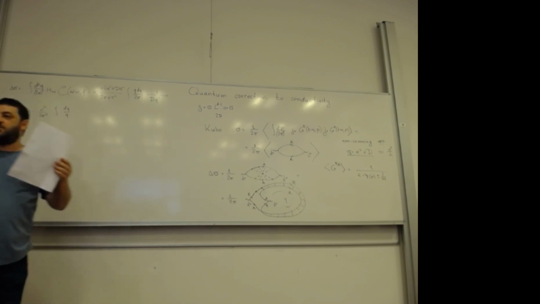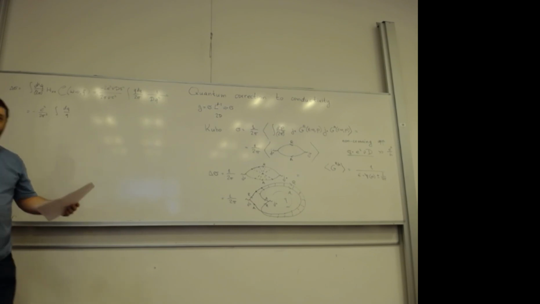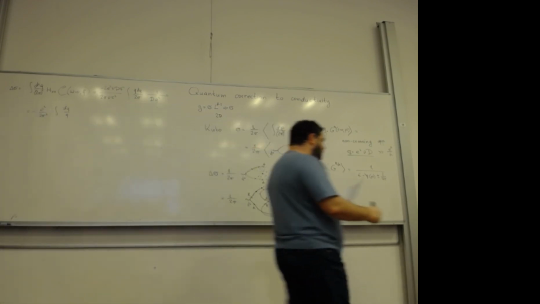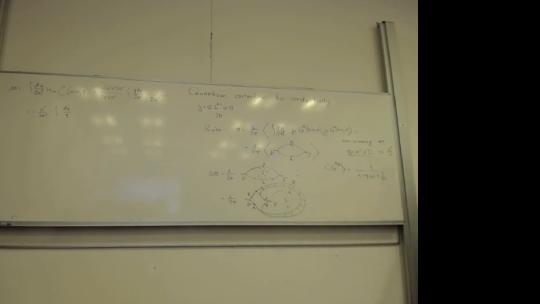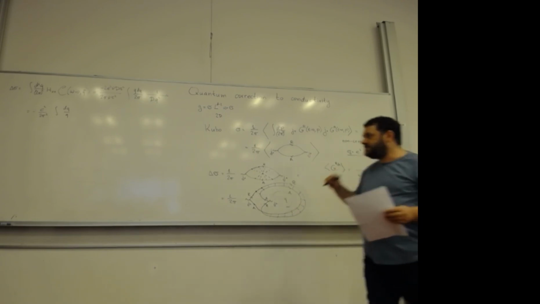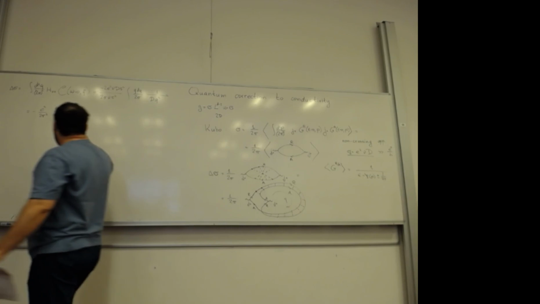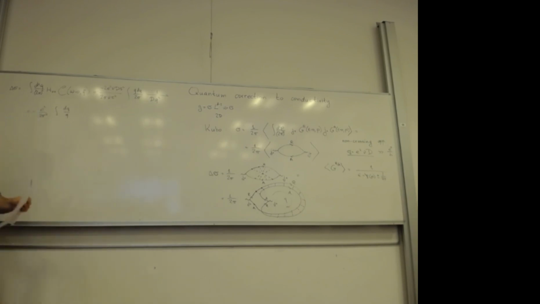And this integral is what? Infinity, right? So the quantum correction, although it's a small correction, actually diverges. This is an important property. That's why we need to take it into account.